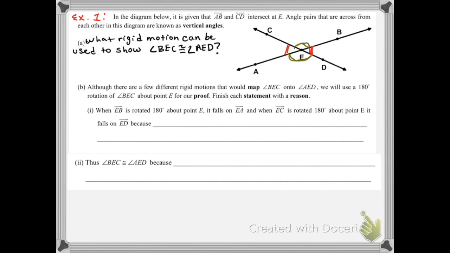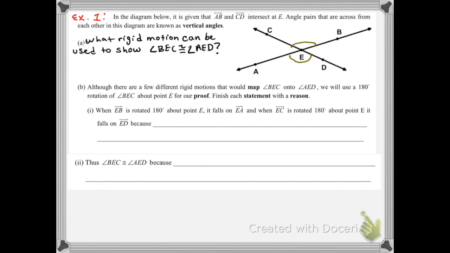Those are also called vertical angles. And so here's our question. Although there are a few different rigid motions that would map angle BEC to angle AED, we will use the 180 degree rotation, okay, to prove this.